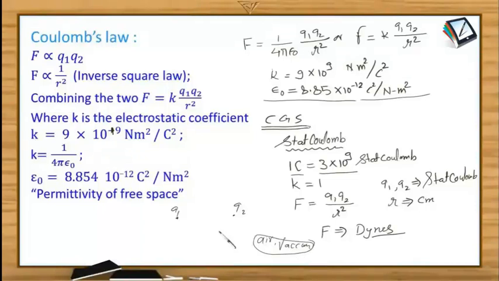But sometimes there may be some other medium between the two charges. Of course, that medium cannot be a conducting medium, because if the medium were conducting, then the individual identity of Q1 and Q2 would no longer exist, because through that conducting medium, the charge would be redistributed between these two objects. So, of course, we cannot talk about a conducting medium in between the charges.